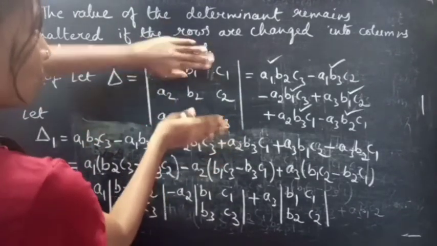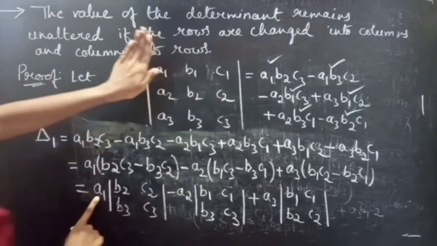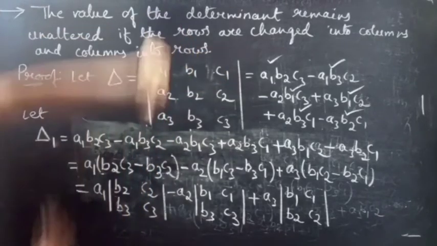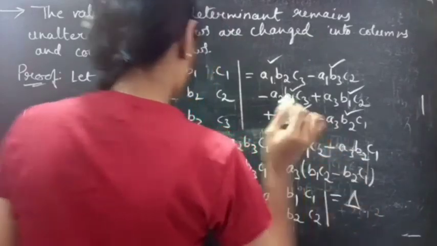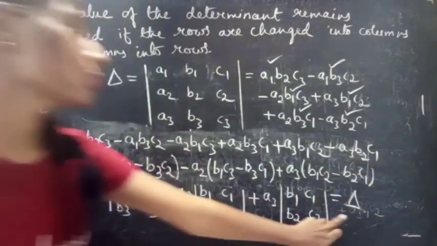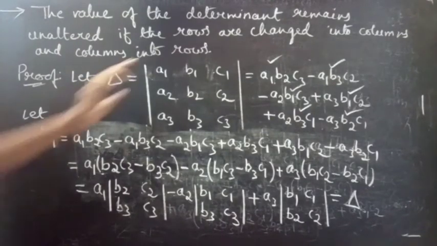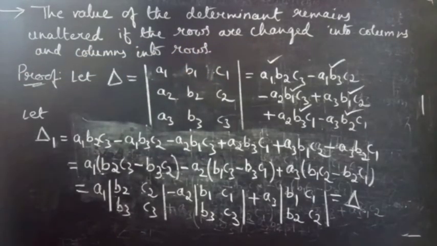So this is delta. Therefore delta 1 is equal to delta, which means that the determinant after changing the rows into columns and columns into rows will not alter.